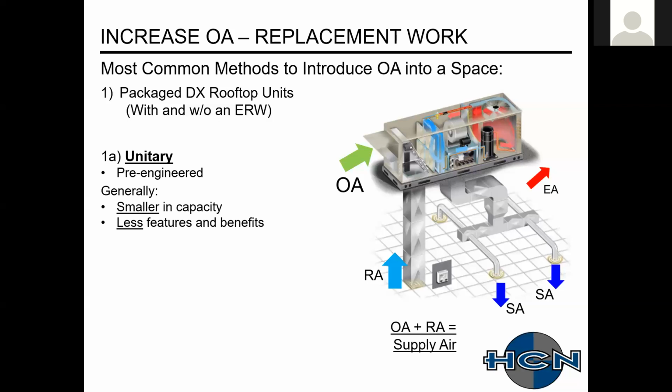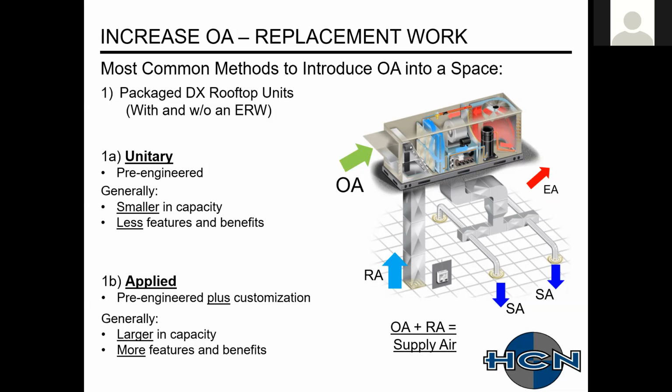All right. So there's 2 broad categories of packaged rooftop unit. The first one is considered to be, the name is unitary, where typically these are pre-engineered, and then just generally these are smaller in capacity, and then they offer less features and benefits, right?